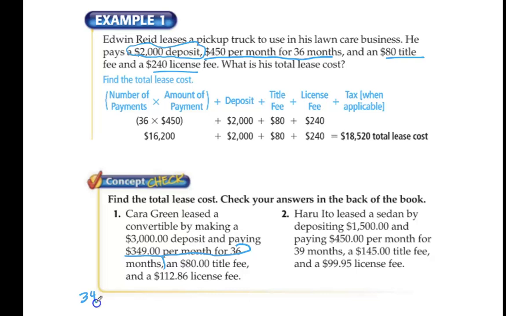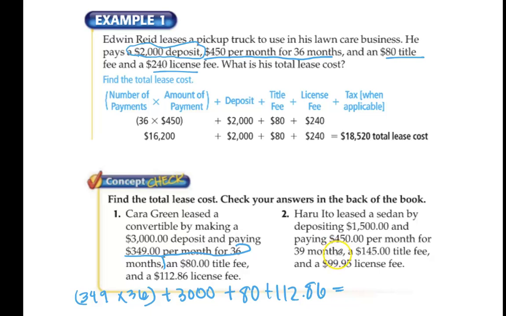So $349 times 36. And then plus the $3,000 deposit, plus $80 title fee, plus $112.86. And you should get $15,756.86. Pause the video, do number 2.